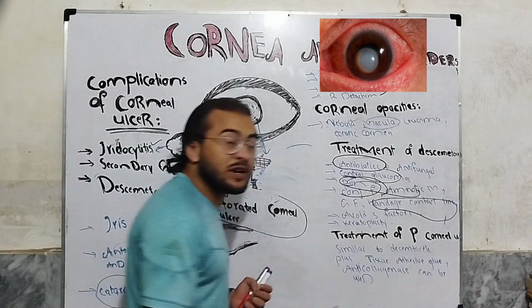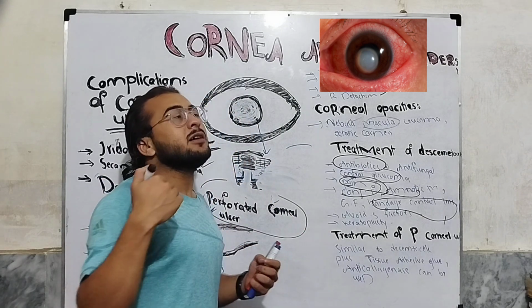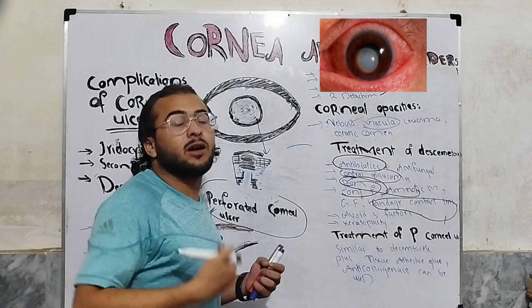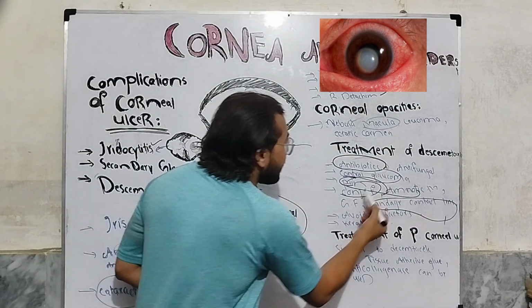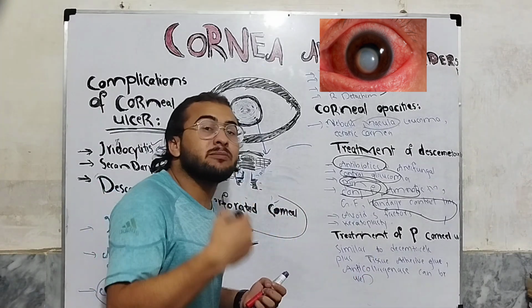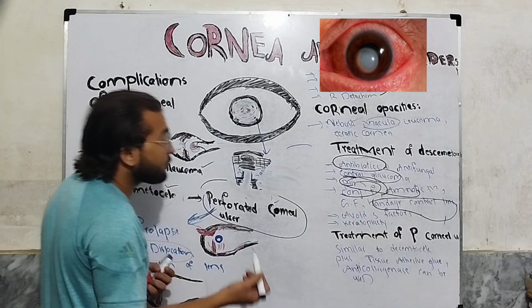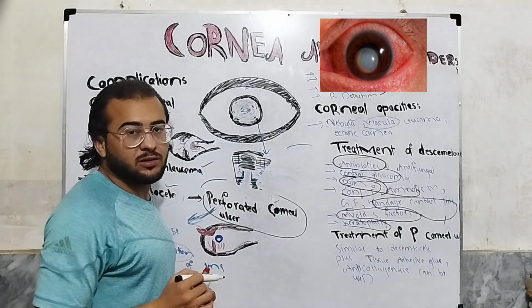We can use growth factors. We can take the growth factors from the serum and from the umbilical cord. So conjunctival flap, amniotic membrane, growth factors, pressure bandage and contact lenses can be used. And the final remedy is keratoplasty.